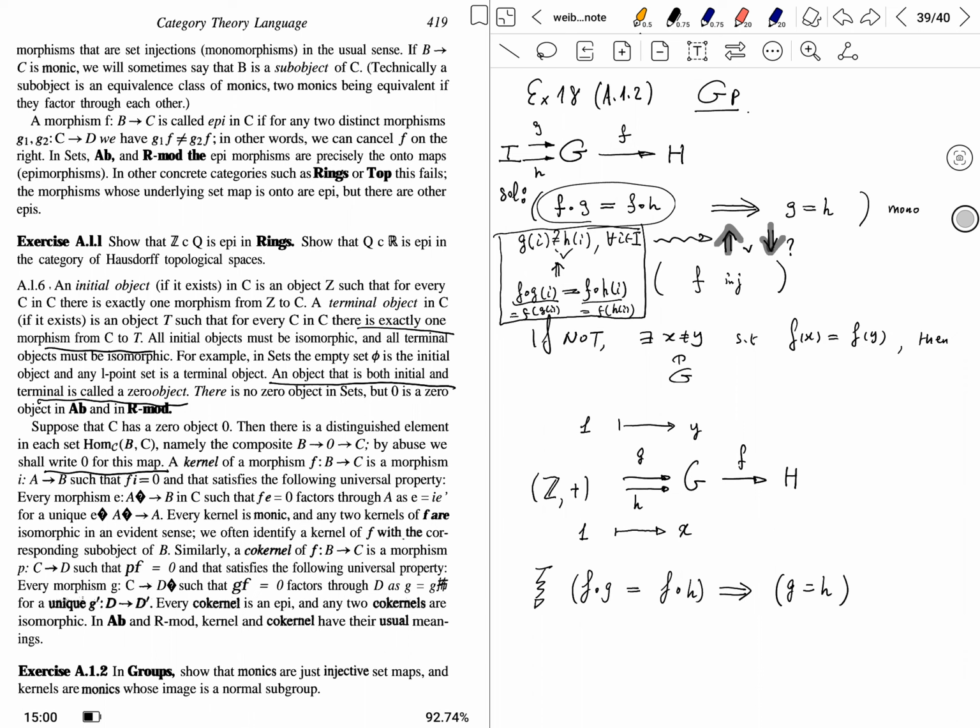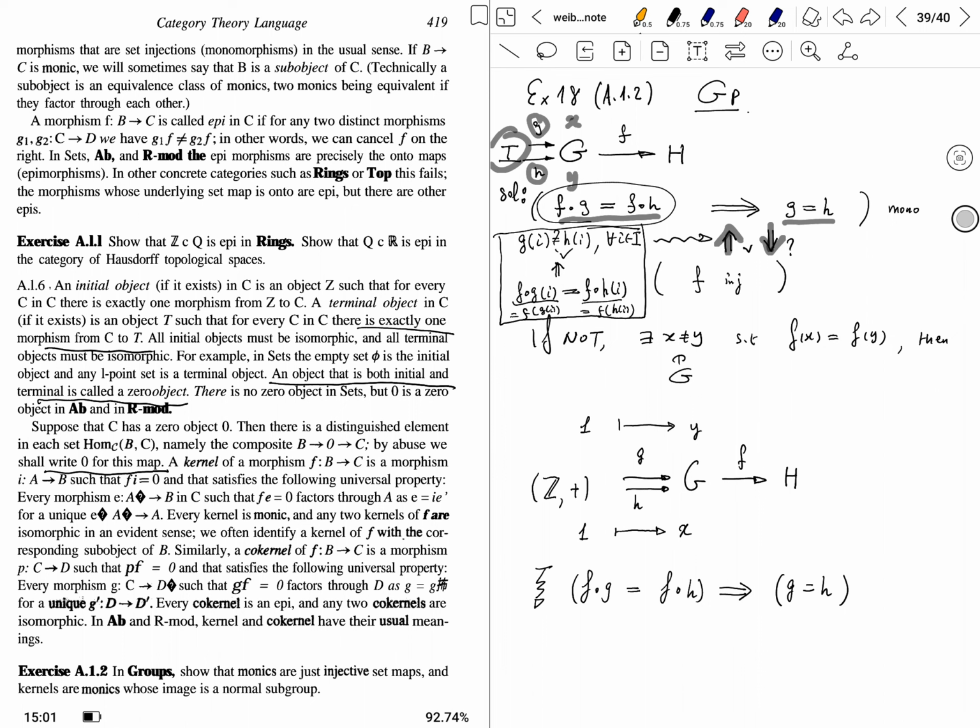The contradiction is, as you could imagine, that we are going to construct some group I with two different homomorphisms G and H, where one maps the element to x and the other maps it to y. G and H are therefore different maps by definition, but because F cannot distinguish x and y, the compositions are still the same. But then this will not imply G equals H, so being a monomorphism would be impossible.